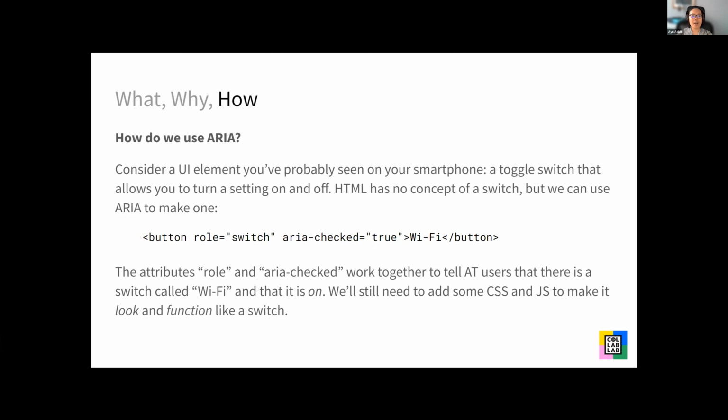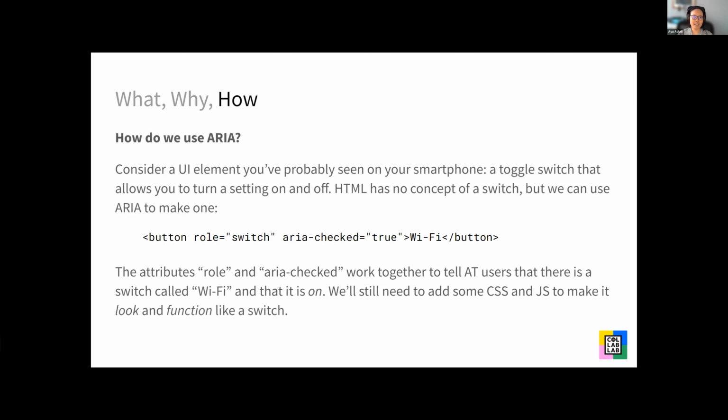So how or when can we use ARIA? Say that you have a toggle switch on your smartphone that allows you to turn a setting on and off. HTML has no concept of a switch, right? But we can use ARIA to make one.